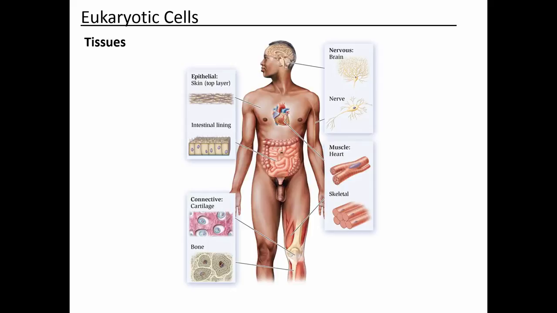If you're female, the cells that line your breast ducts are epithelial tissue. So epithelial tissue lines and covers all internal and external body surfaces.